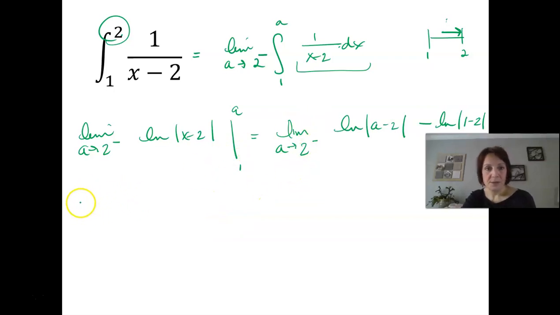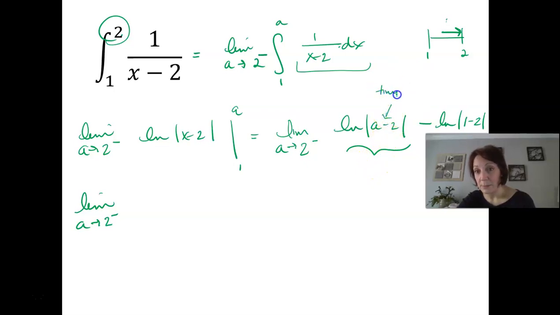Okay. So when I approach 2 from the negative side, I'm putting in numbers that are slightly smaller than 2, like 1.9, 1.99, 1.999. So the inside is approaching a tiny negative number.